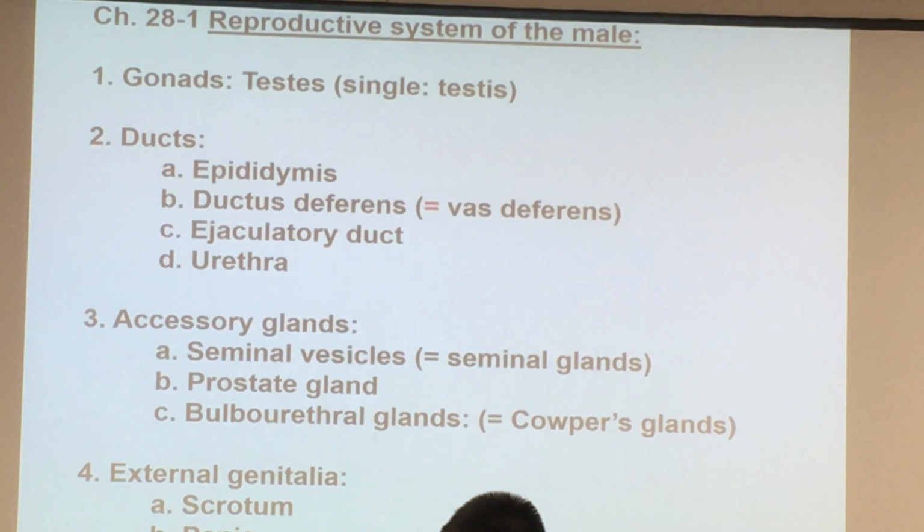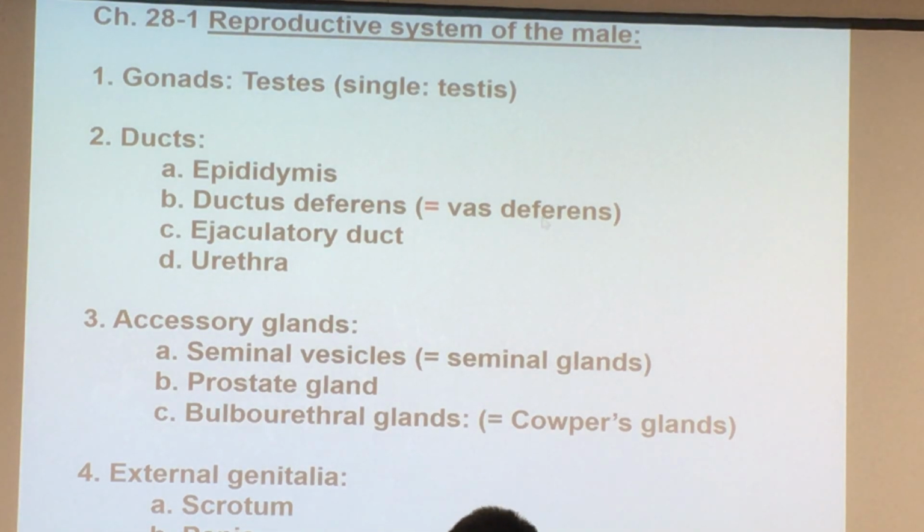Now let's go into detail. Gonads: testis is singular, T-I-S, not T-E-S. Then we have the epididymis, the ductus deferens, most of the time called vas deferens. Vas means vessel, means duct.